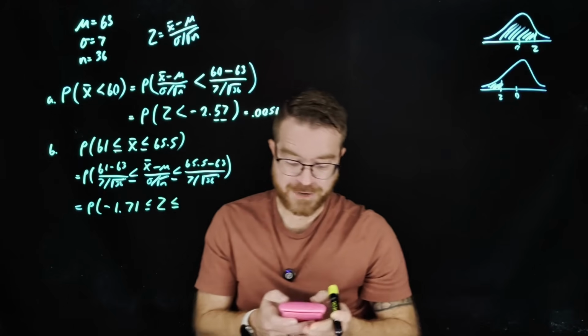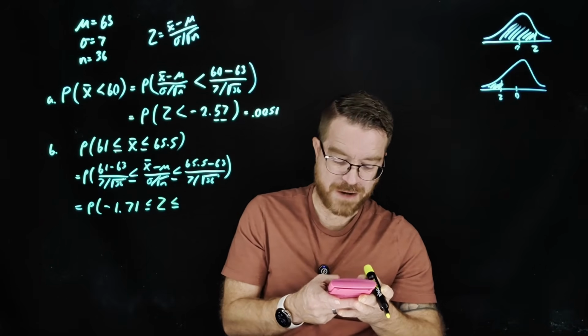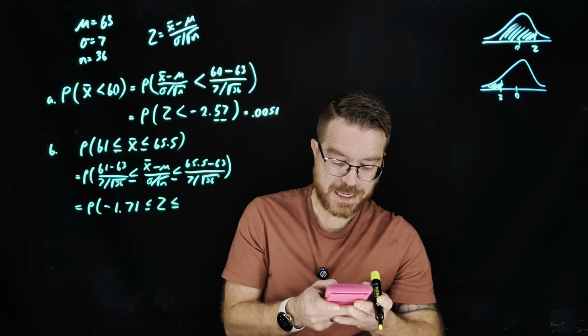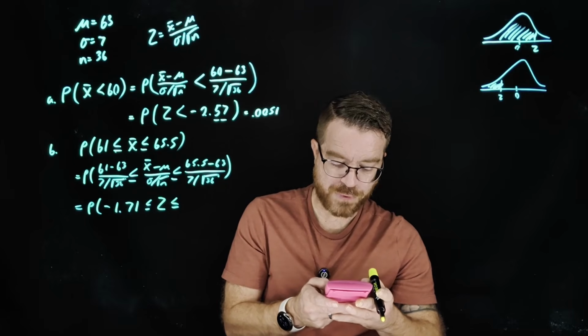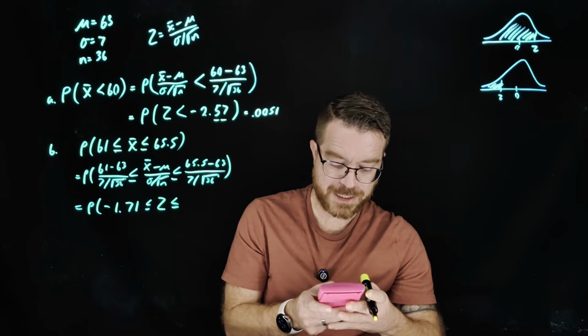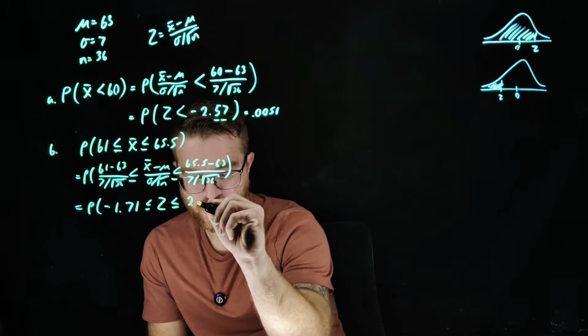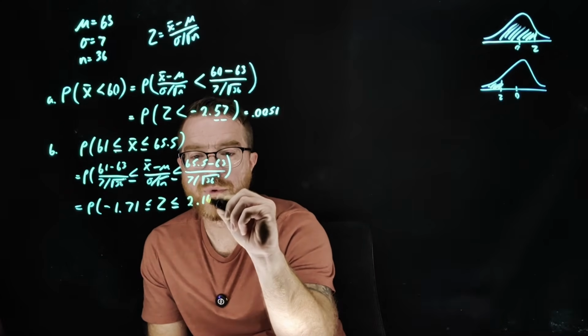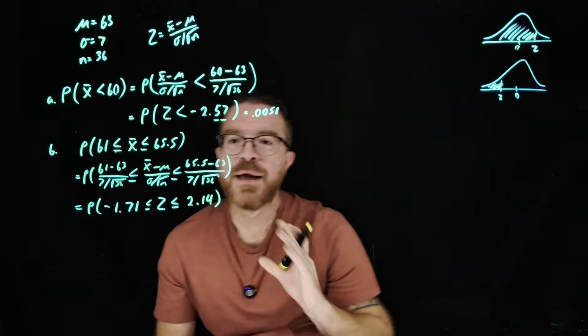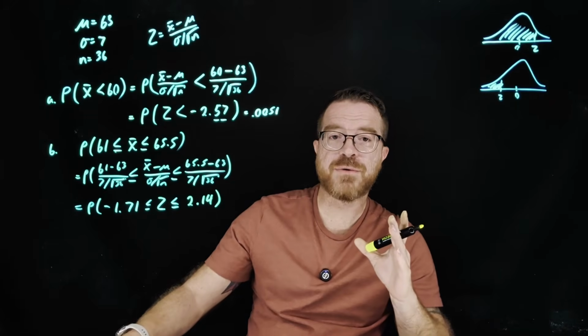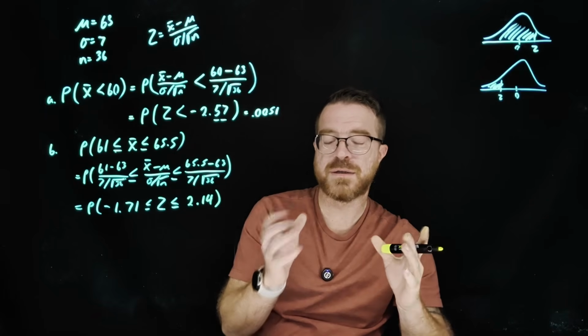And then I find my second value: parentheses 65.5 minus 63, end parentheses, divided by open parentheses 7 divided by 6. And I get 2.142, so 2.14. Now, to find this, we first have to split this into 2 different inequalities.